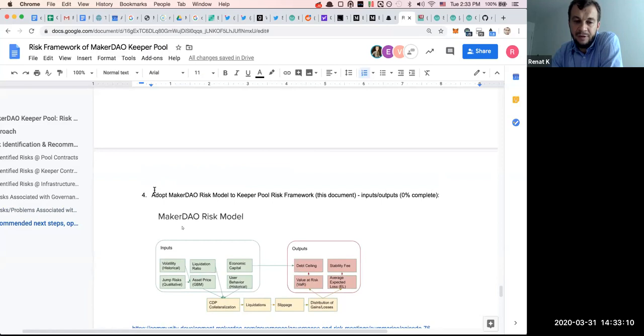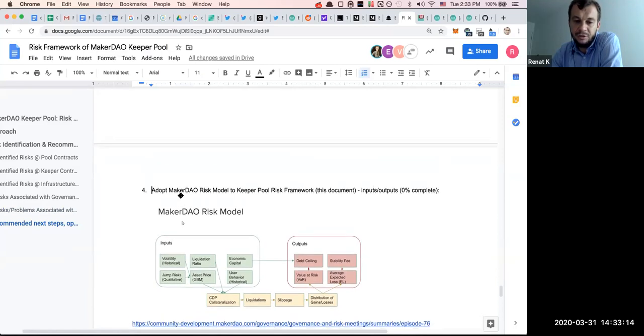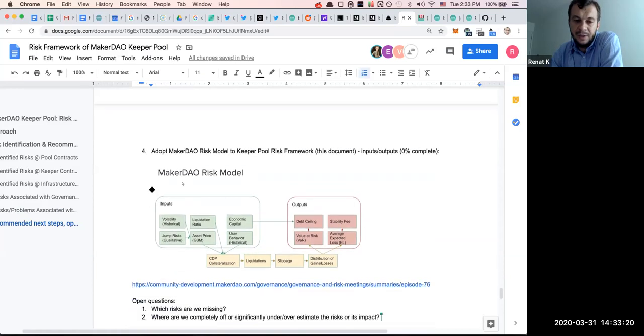And finally, I reviewed the MakerDAO risk model that was shared at the community meeting by Cyrus, the head of risk at Maker.